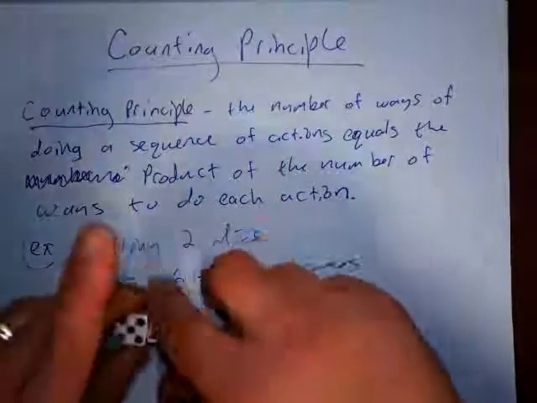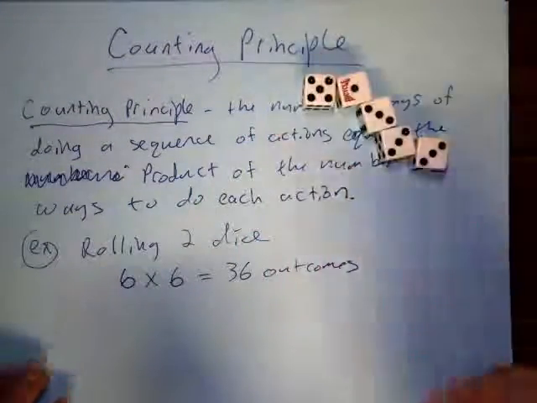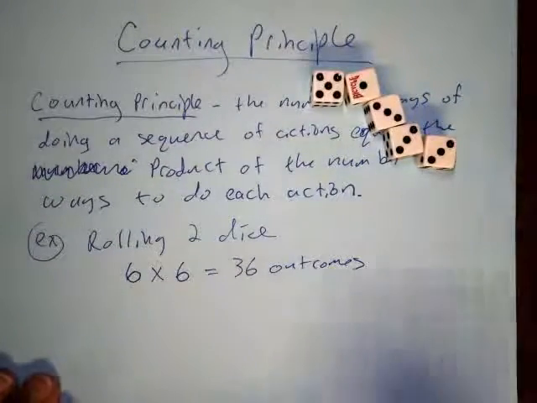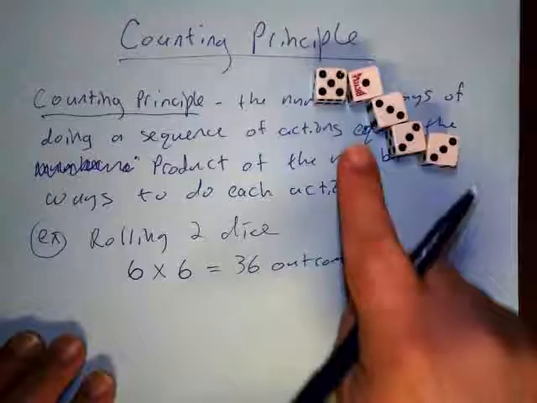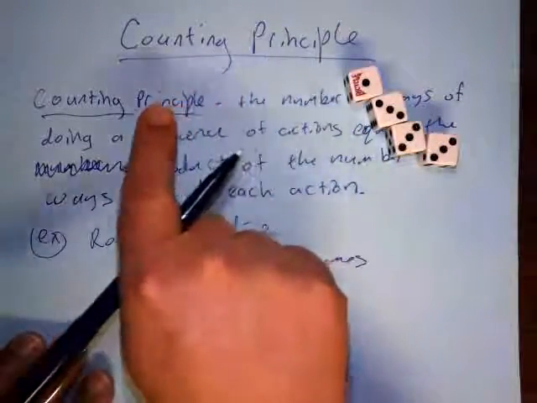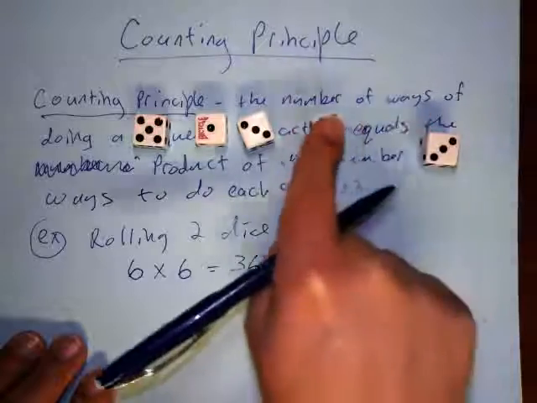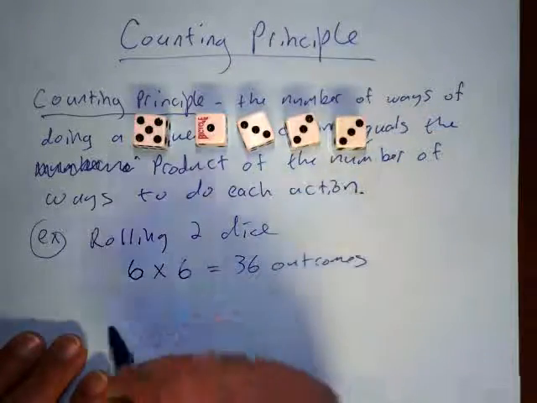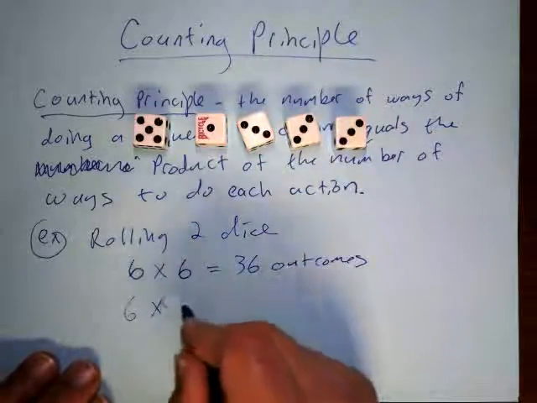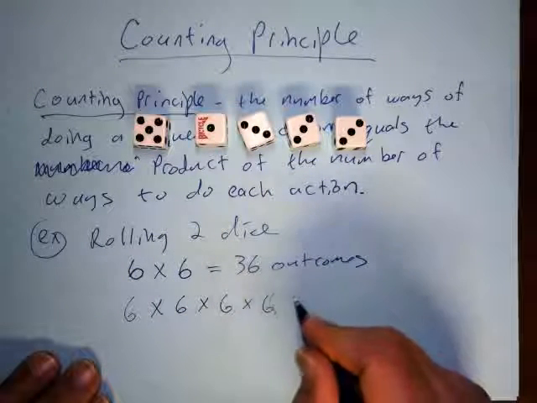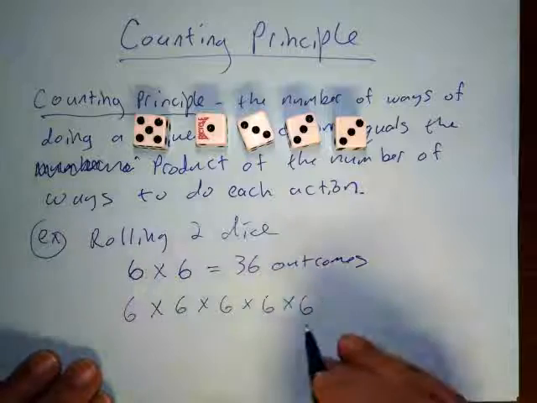And so the question is, how many ways can you roll 5 dice, right? Well, according to the basic counting principle, rolling 5 dice is like a sequence of 5 actions. Rolling the first dice, the second dice, the third dice, and so on. So you're actually taking 6 and multiplying it by itself 5 times.